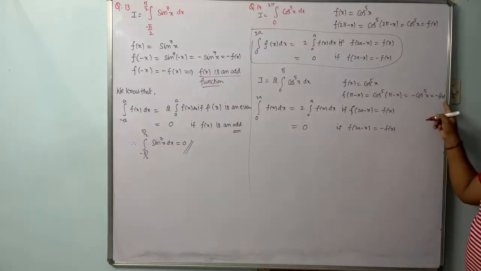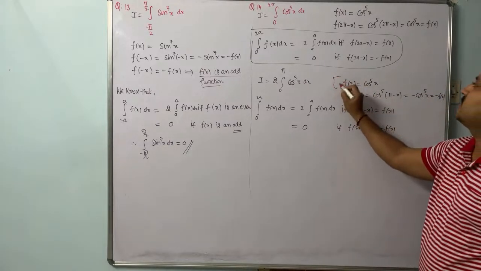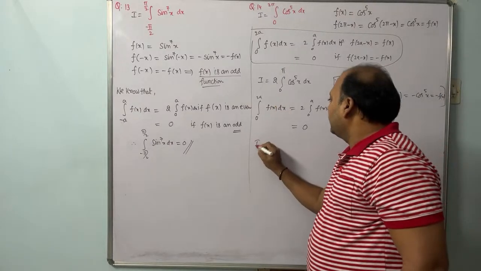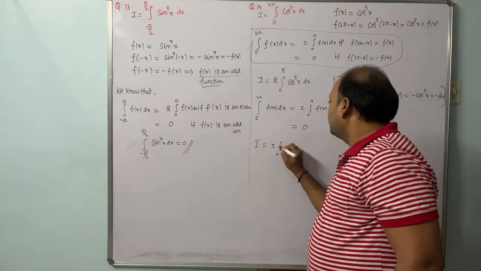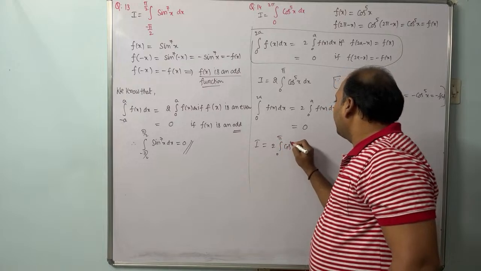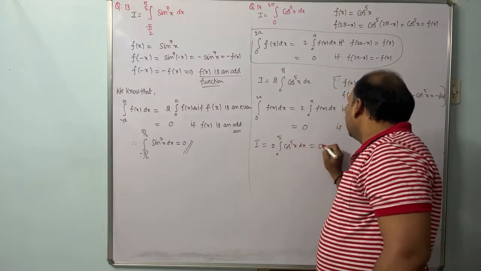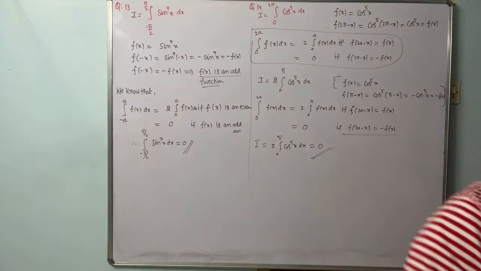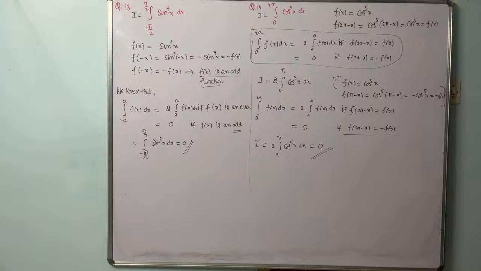This case only happens here, dear students. So that's why 2 into integral 0 to pi cos power 5x dx value goes to be 0, since it is an odd function. I hope you understand. We'll move on to another question. Okay, dear students.